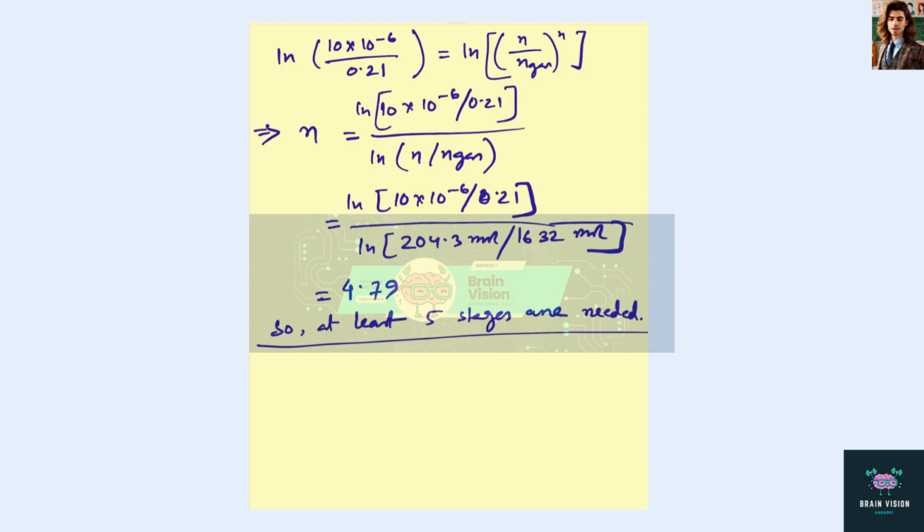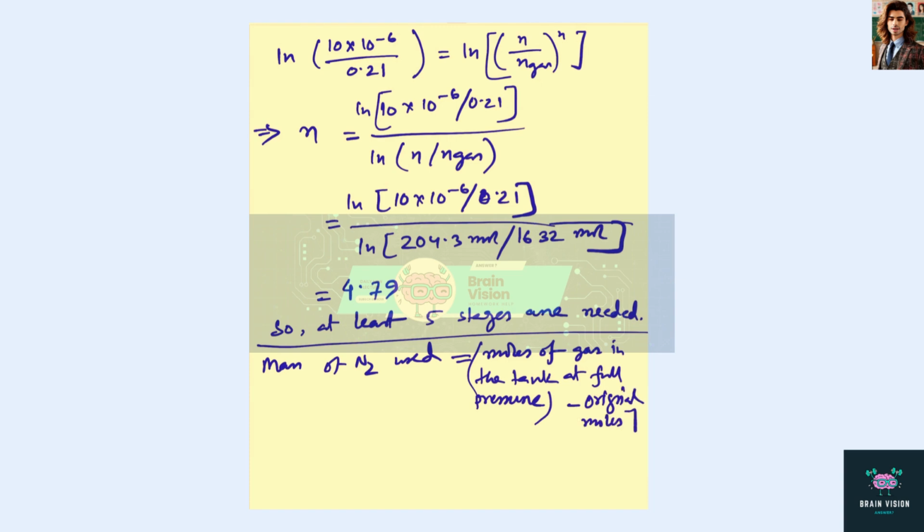Now let's calculate the mass of nitrogen. Here the mass of nitrogen used would be the moles of gas in the tank at full pressure minus the original moles multiplied by the molar mass and the number of charges.